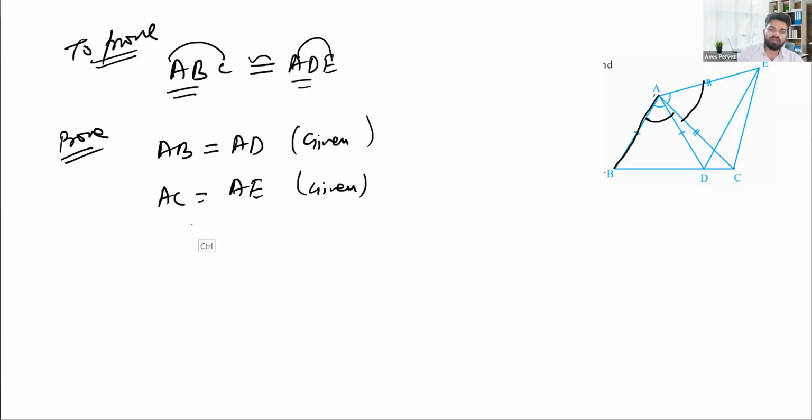So we need to write here, it is given that angle BAD is equal to angle EAC.